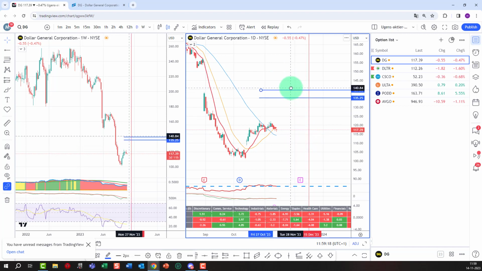It should actually look like this, but I'll get more into detail with that in a later video. You're putting on a spread up here saying that I think Dollar General, which I put on around here, should go down. I'm winning this trade if the stock is going down, if the stock is going sideways, or if the stock is just not going up past $135.